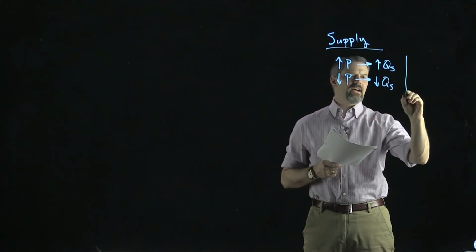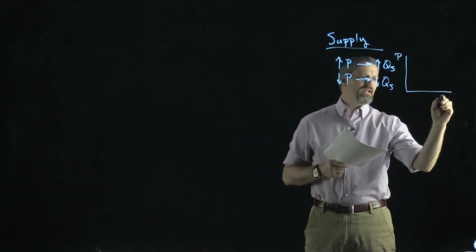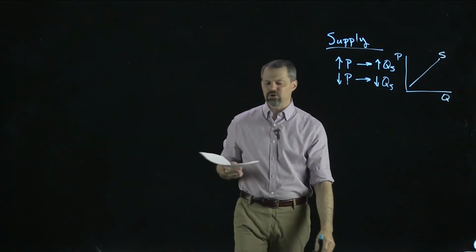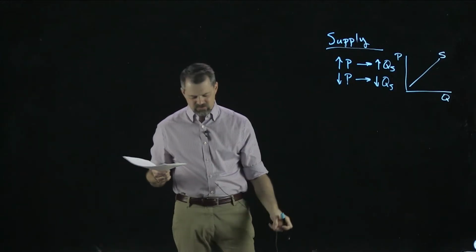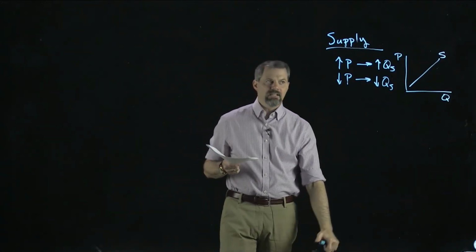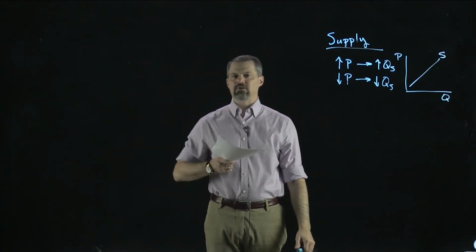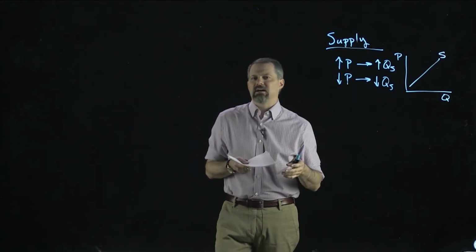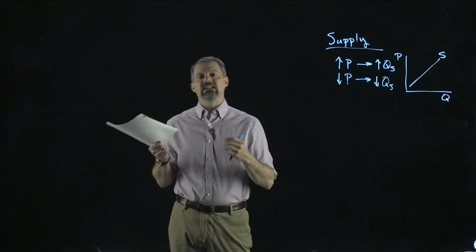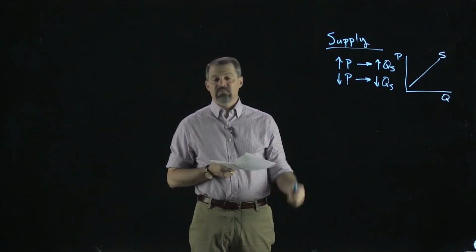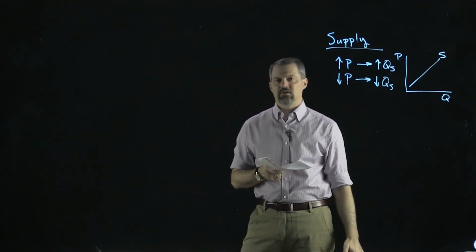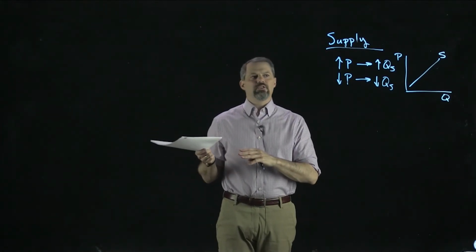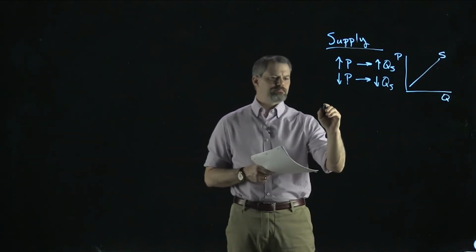Graphically, if we draw a supply curve like you're used to seeing, it's going to be upward sloping. But you may have a sneaking suspicion that I'm about to tell you that that's not a supply curve, and that's correct. What you're used to thinking about as a supply curve is what we actually call the inverse supply curve. The supply curve actually has Q on the vertical axis.